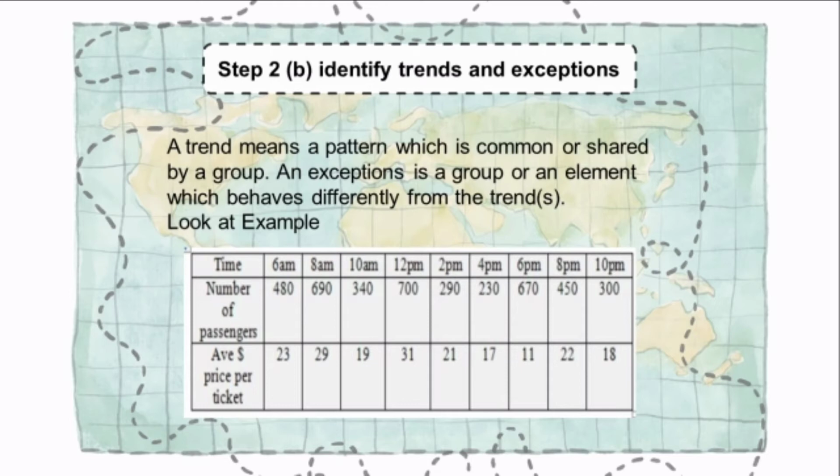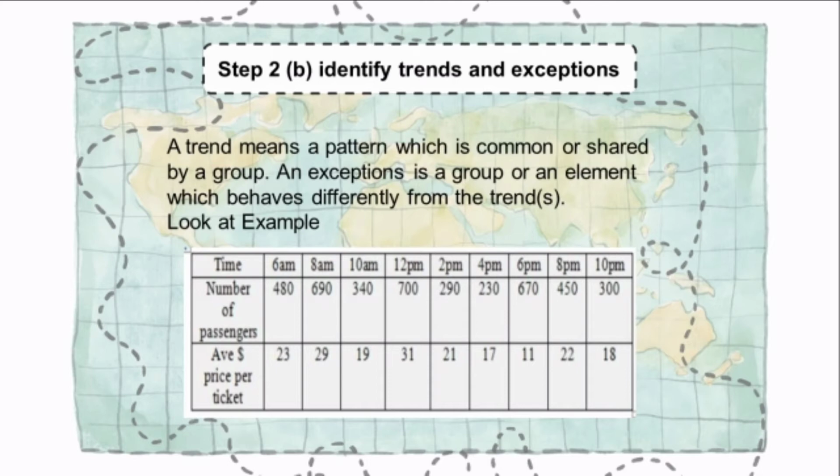We can group the figures into two groups, passengers and ticket price, and we see that the higher the passenger number, the higher is the cost of the ticket. This is true from 6 a.m. to 4 p.m. and again from 8 p.m. to 10 p.m. However, the situation for the two groups at 6 p.m. is different.